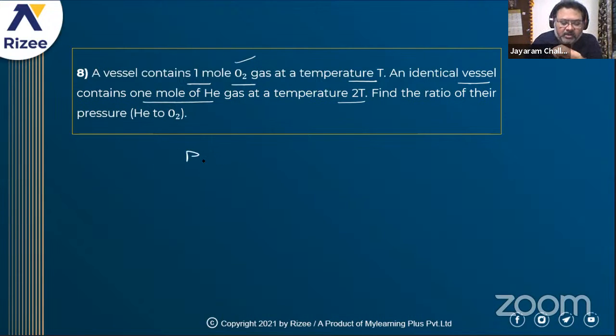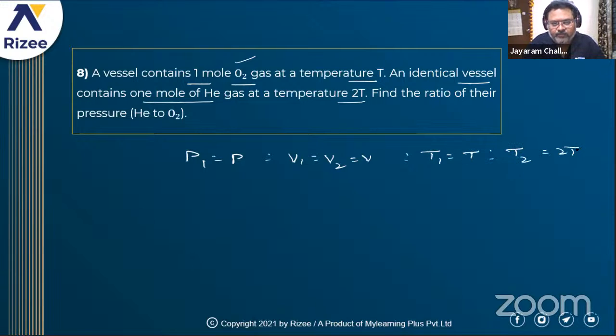Initial pressure, let me take P1 is equal to P, and the volumes are the same identical vessels, so V1 is equal to V2 is equal to V. The temperature of the first gas is T and the temperature of the second gas is 2T. He is asking for the other pressure. From the ideal gas equation you can directly solve this. Pressure is directly proportional to the temperature here since volume is constant.